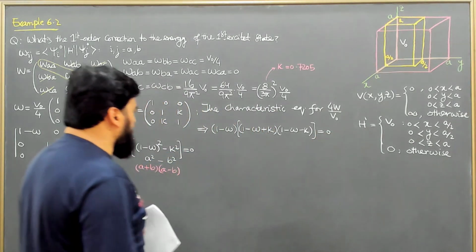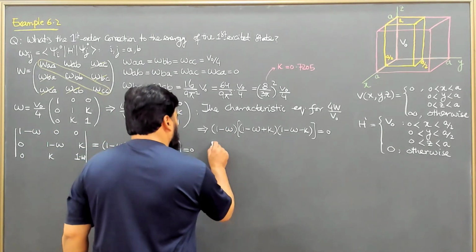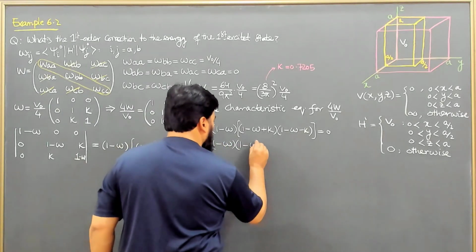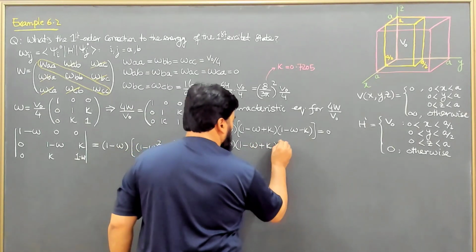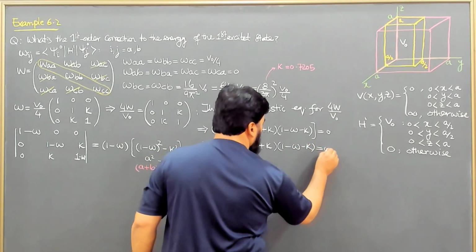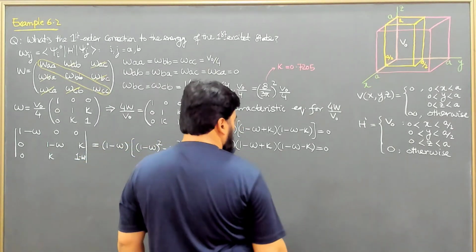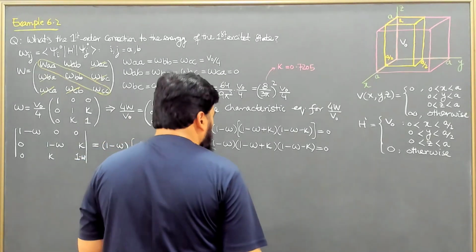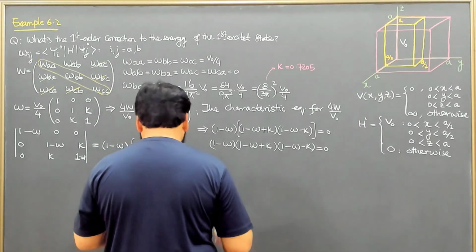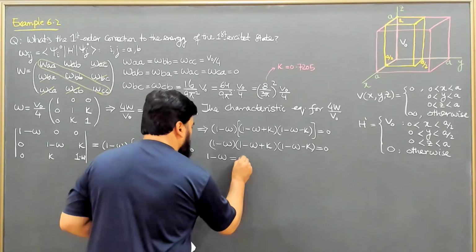Now I have just factorized them, so it means that (1 minus w), (1 minus w plus kappa) and (1 minus w minus kappa) are equal to 0. So it means either this is 0 or this is 0.